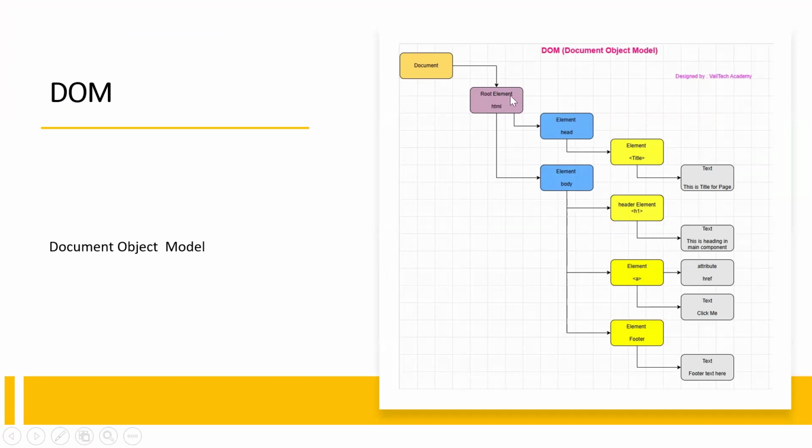First is the document. The root element is HTML. After that, we have the elements: head, and second is body. Inside this head, we can do the titling. We can mention the title here, and inside body we have the header element H1. After that, we have the anchor element, and we have the footer.